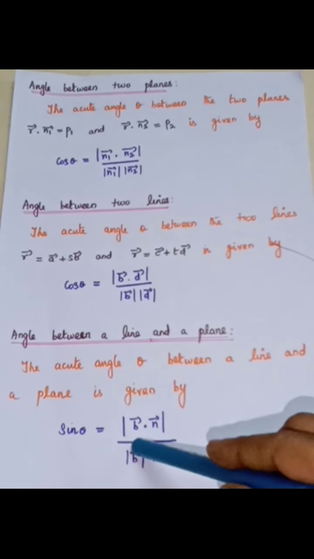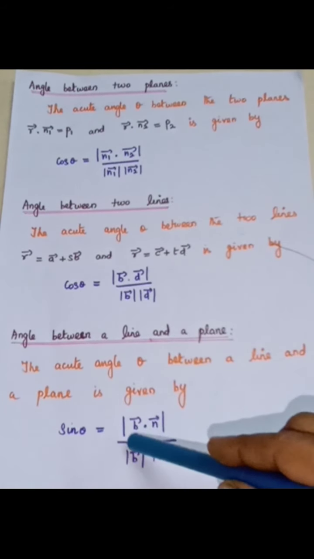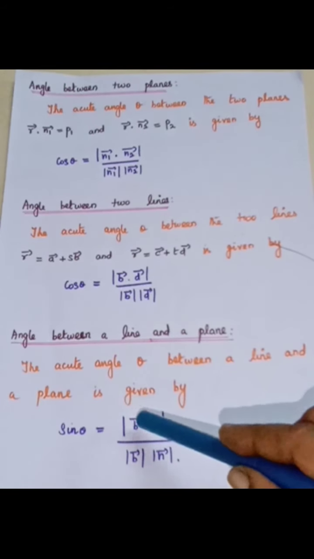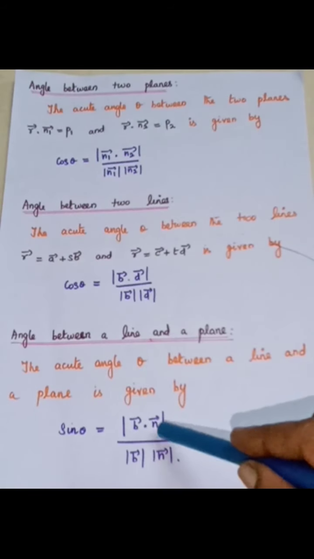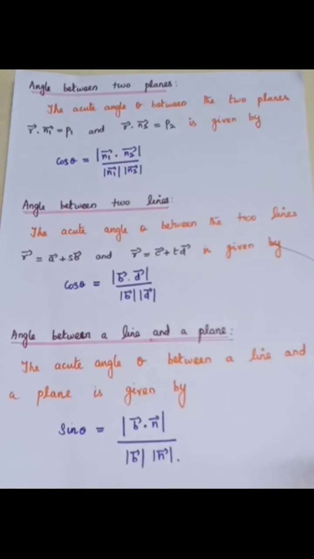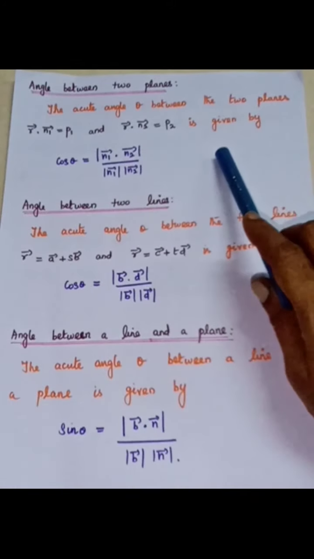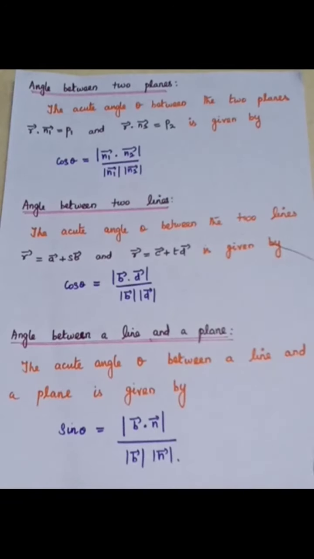The b vector has to be taken from the line, that is the parallel vector to the line, and n vector has to be taken from the plane, that is the perpendicular vector to the plane. So angle between two lines and angle between two planes means you have to use cos theta. Angle between a line and a plane means you have to use sin theta.